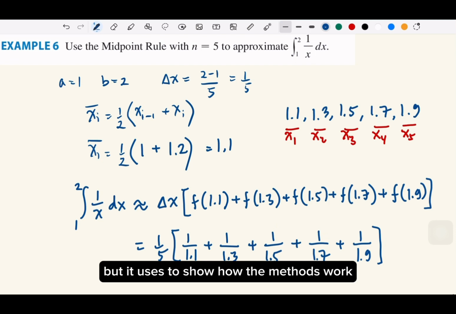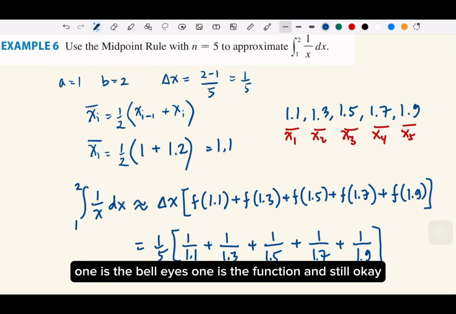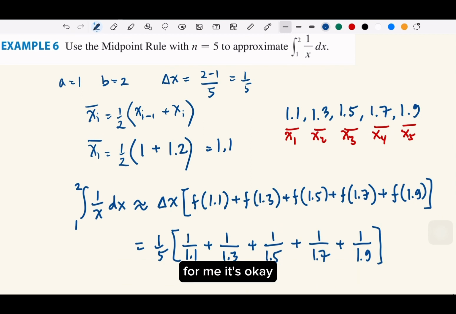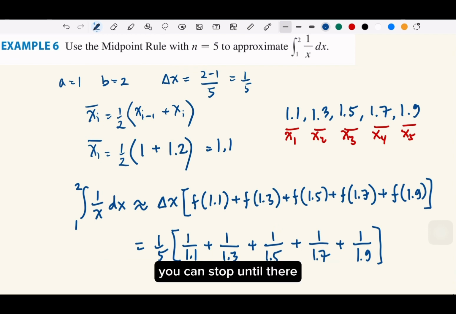But if you just need to show how the methods work, this is okay. Just to see what is the delta x, what is the function, and then it's still okay. For me, sometimes I don't see calculation until the very end as really proving something. But I think if you have the good process, you can stop there.